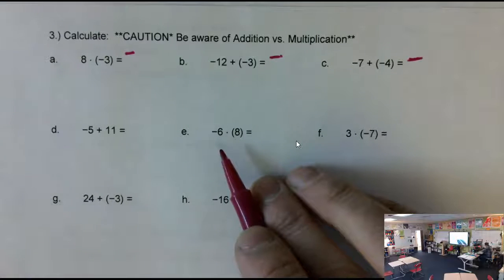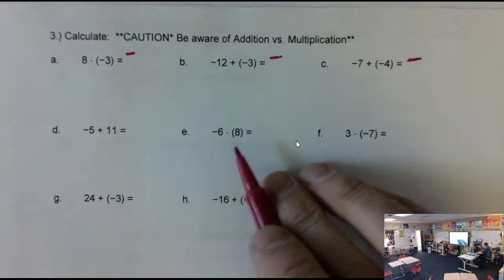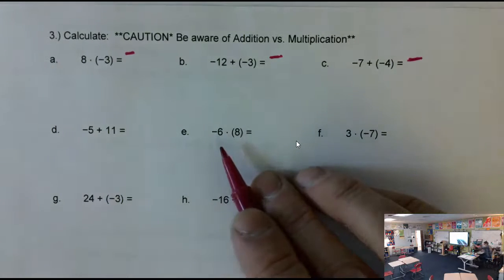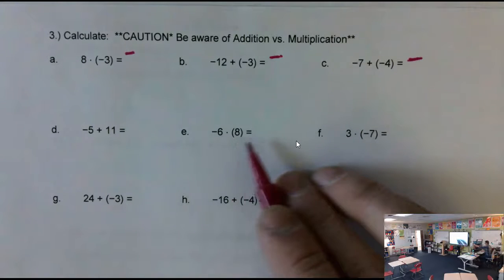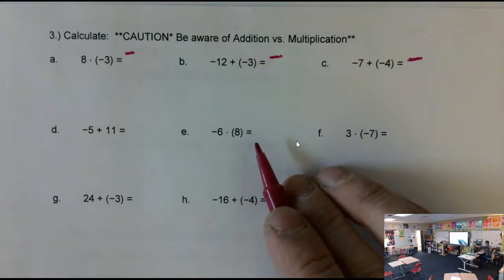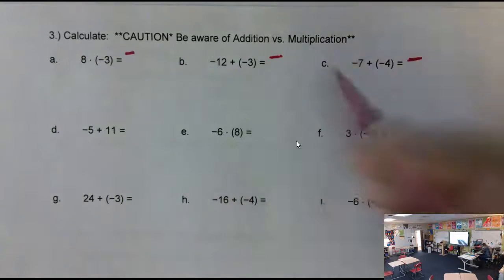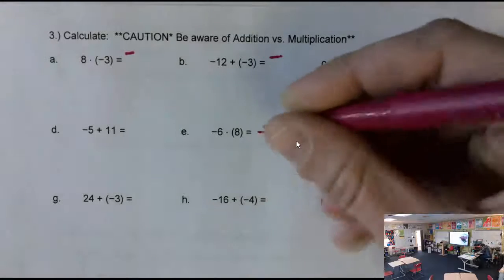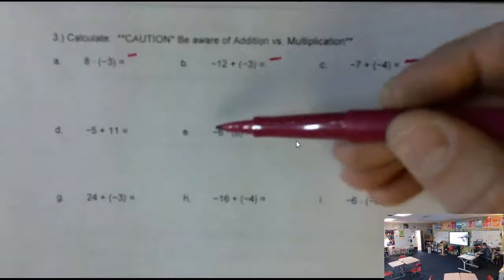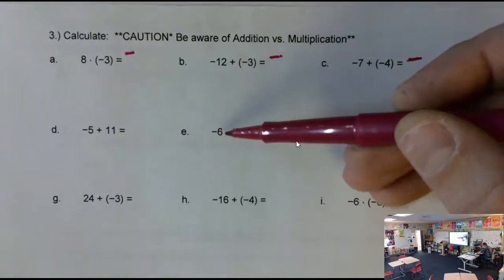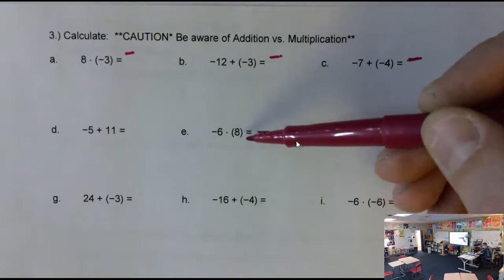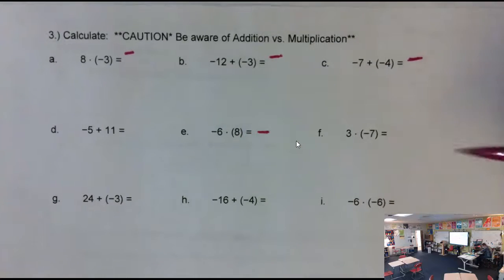E, and I'm just kind of reminding us of our rules here because this is where a lot of people get stuck. E is negative 6 times 8, so a negative times a positive comes out to be a negative because there's only one negative. Right? If I move down by 6 and I do that 8 times, I move down by a whole lot.